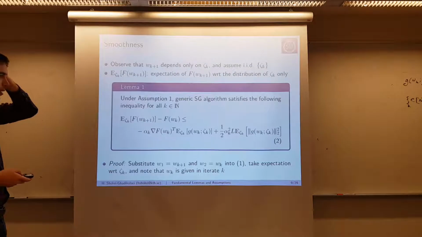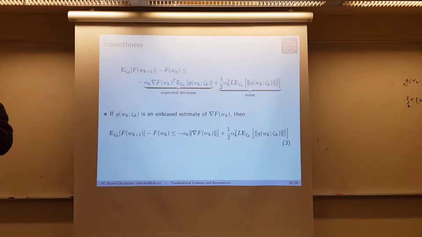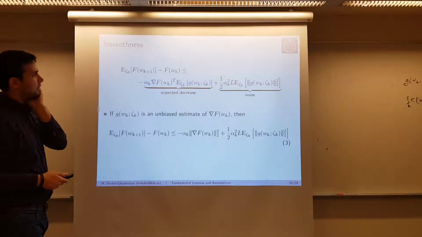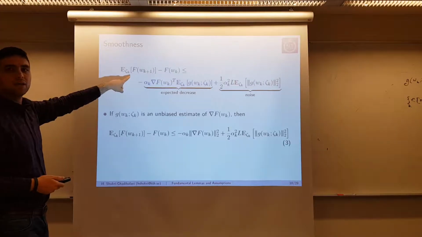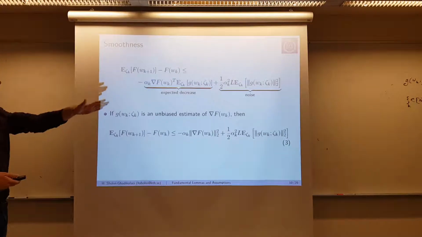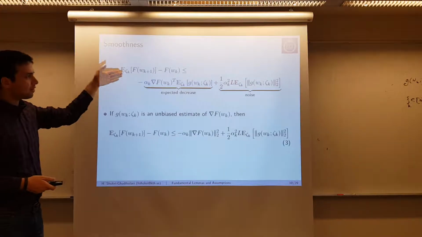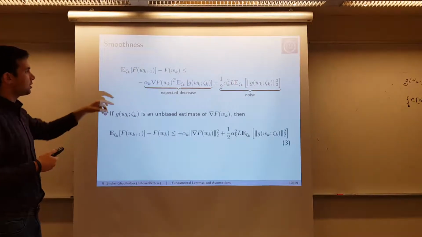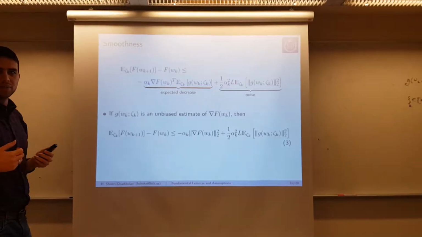Okay, but some comments on this. If we look at this inequality, what it essentially says is that after taking an expectation over zeta_k, you can take another expectation over all the zeta from 1 to k, just to have a total expectation and get rid of the conditioning here. Then you have more or less the same inequality.